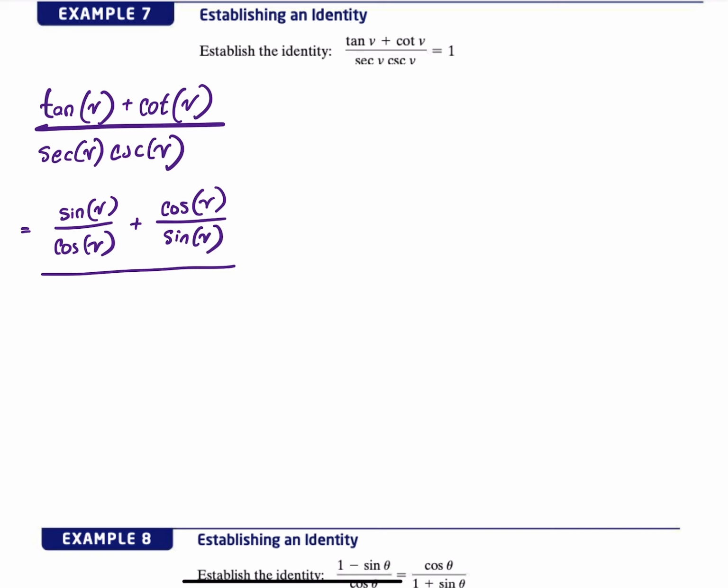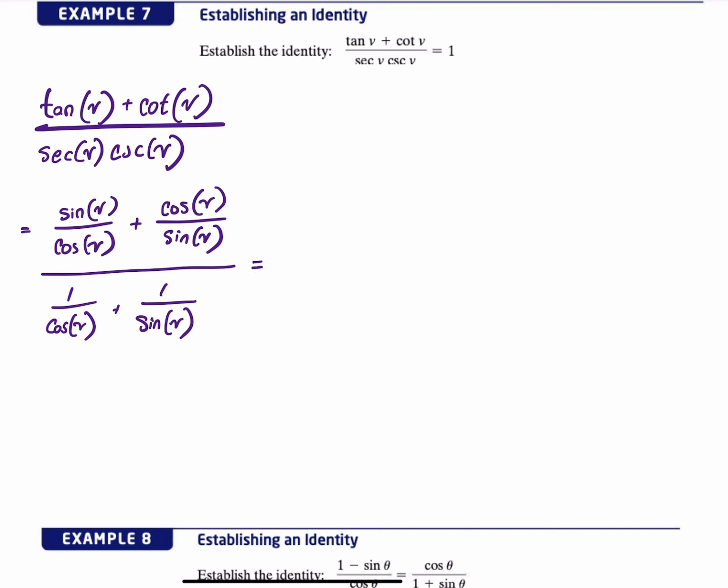In our denominator, the secant is 1 over cosine, and the cosecant is 1 over sine. All right, it's looking messy, but let's just try to combine things with these fractions.